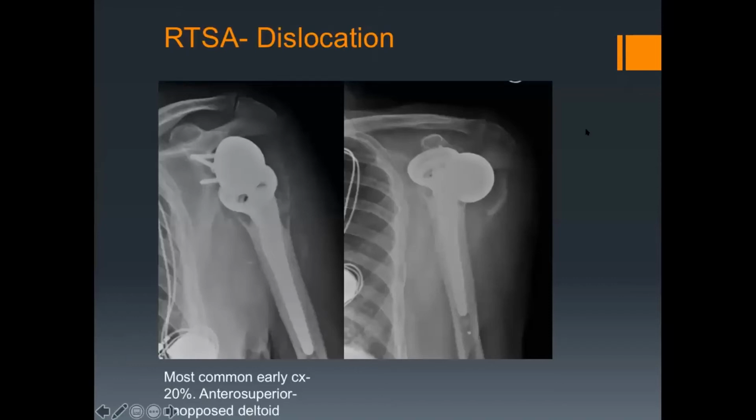Dislocation is one of the more common early postoperative complications of reverse shoulder arthroplasty, seen in up to 20% of cases. Here you have the normally aligned reverse shoulder arthroplasty, and this is an instance of dislocation. Almost always the dislocation is anterosuperior.